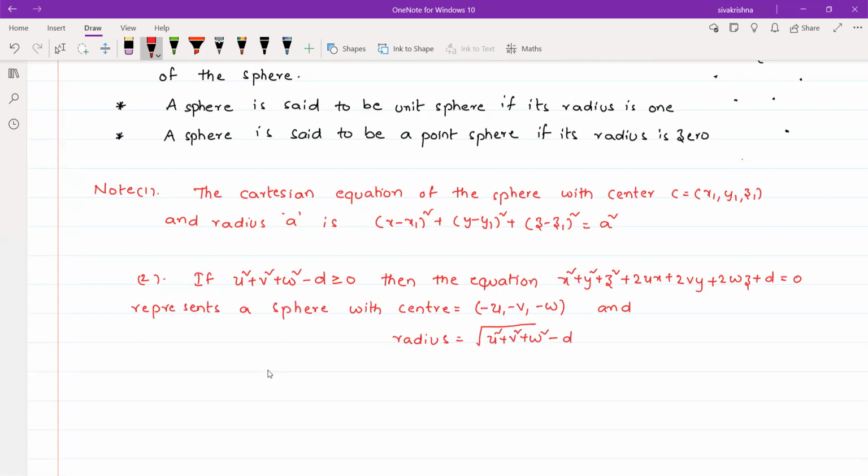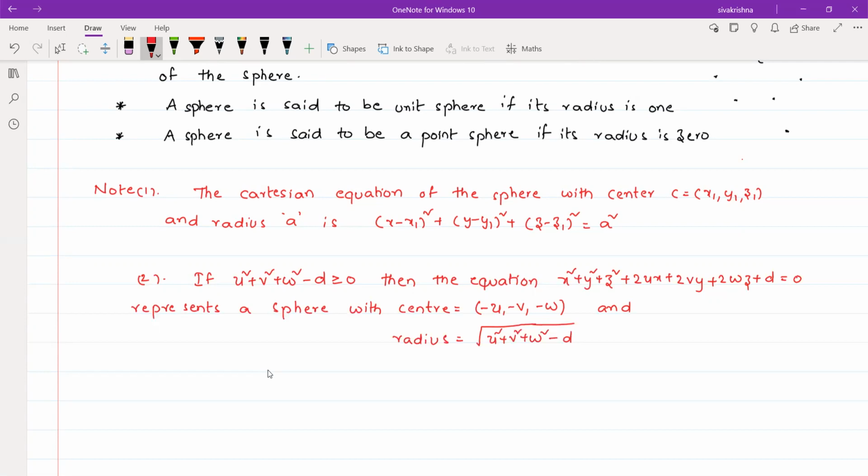So whenever we are having a sphere equation of the form x square plus y square plus z square plus 2ux plus 2vy plus 2wz plus d is equal to 0, if you want to find the center and radius for that particular sphere, then the formula to find the center is minus u, minus v and minus w. We have to reduce the coefficient of x, y, z to half.